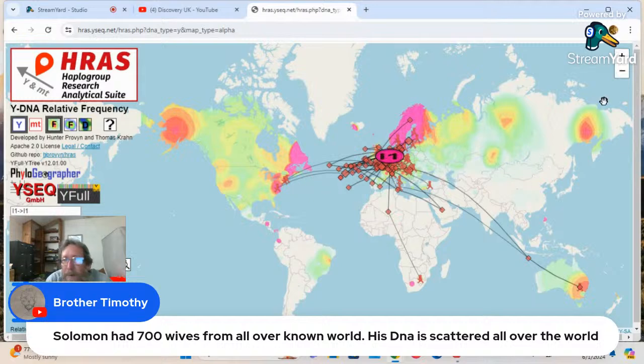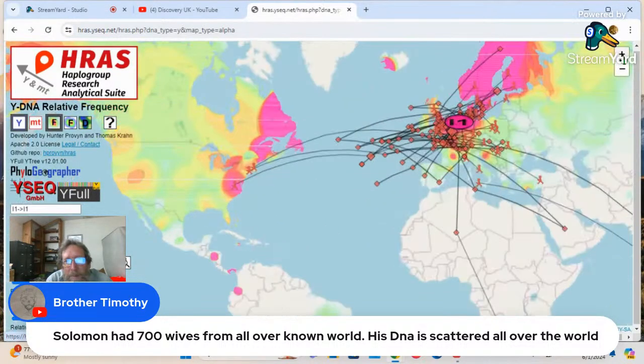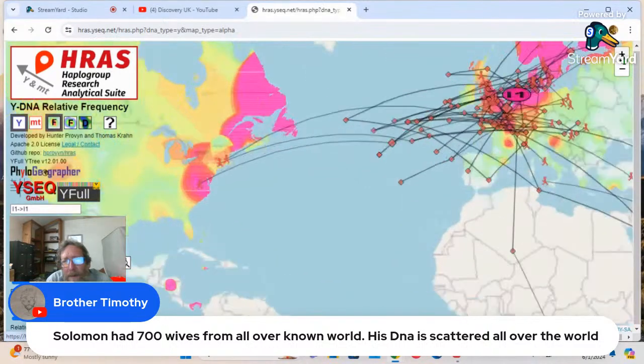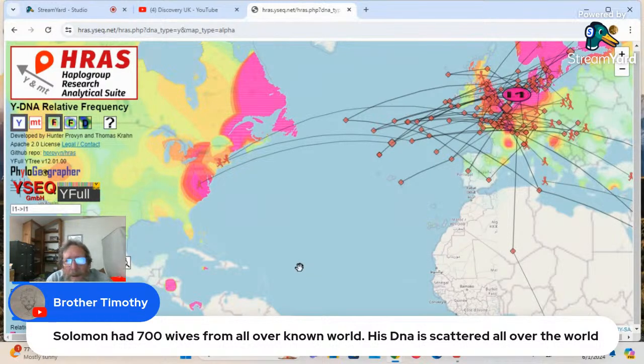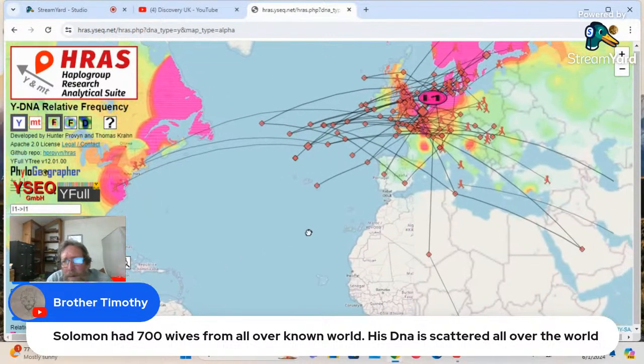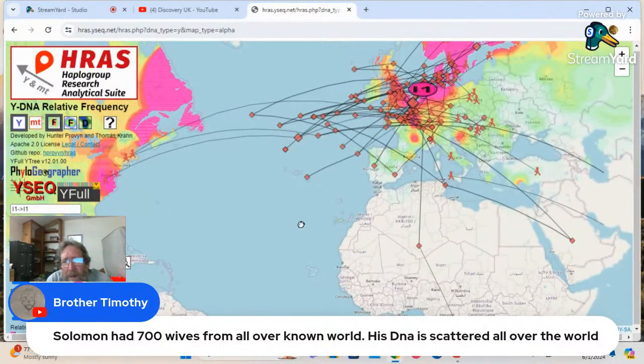It's hard to say where the lineages are coming from. Let's just see. Zoom in. Yeah, it's basically coming from the area of the Vikings and the Anglo-Saxons. So I don't know if that's representative of the Phoenician travel or not.